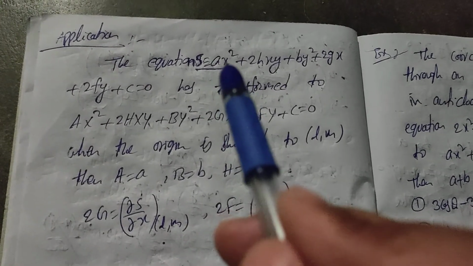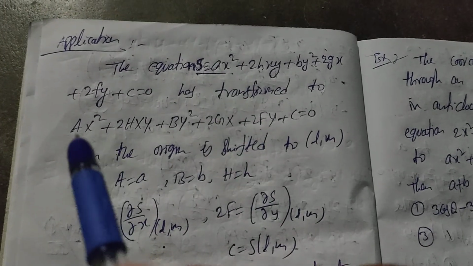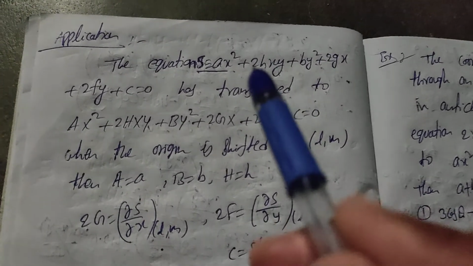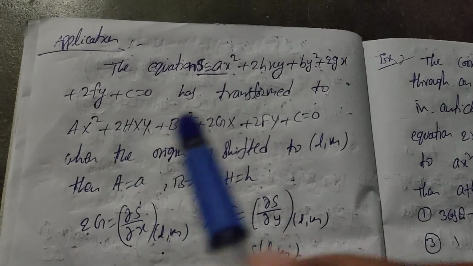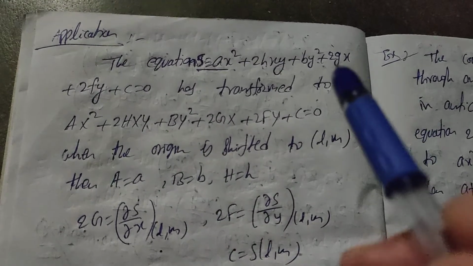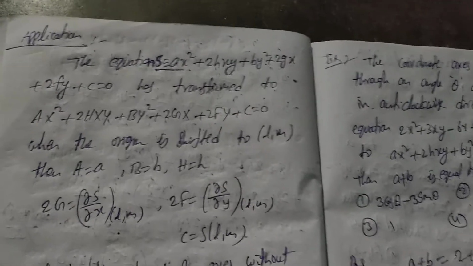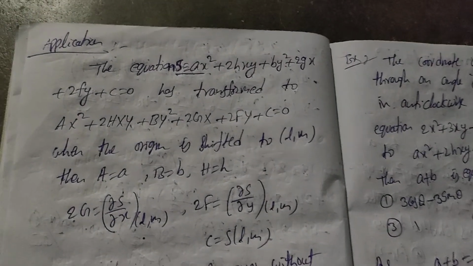Here the coefficient of x square is small a, and here the coefficient of x square is different, so we denote it with capital A. Same like that, 2h means capital 2H, b means capital B, 2g means capital 2G, 2f means capital 2F, plus c also capital C, is equal to 0.